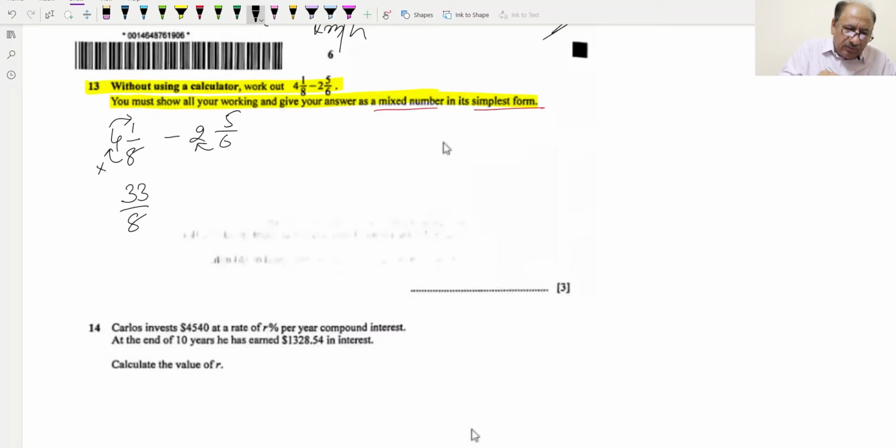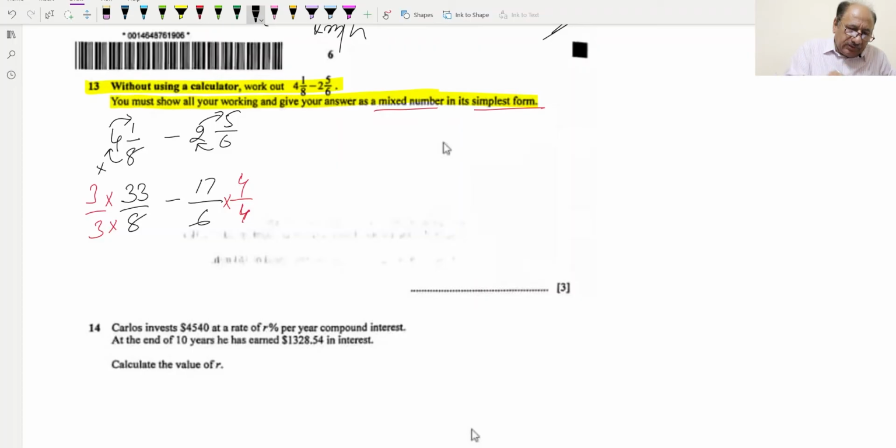Again 2 multiplied by 6 will be 12, 12 plus 5 will be 17, so minus 17 over 6. Now we can multiply to equalize the denominator. We will multiply the first fraction by 3, so numerator and denominator both will be multiplied by 3, and this side will be multiplied by 4, so that we can equalize the denominator.